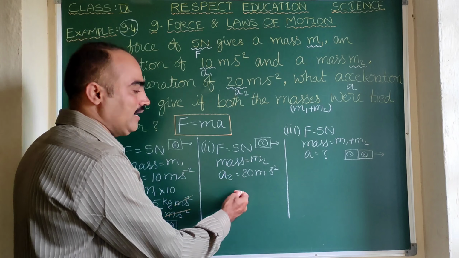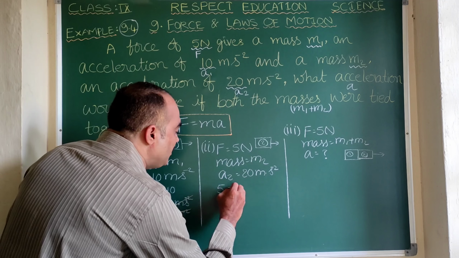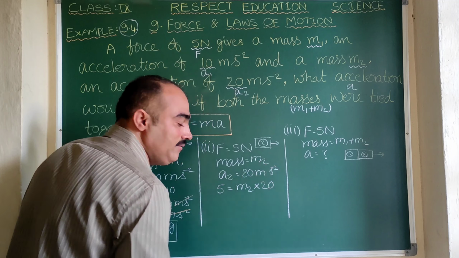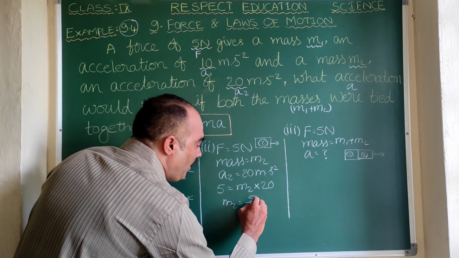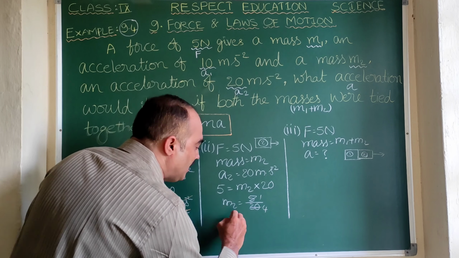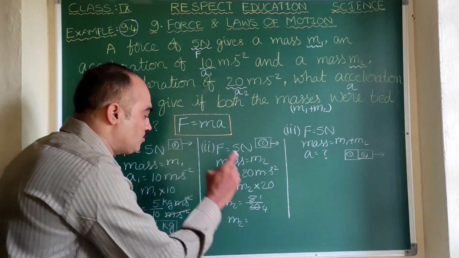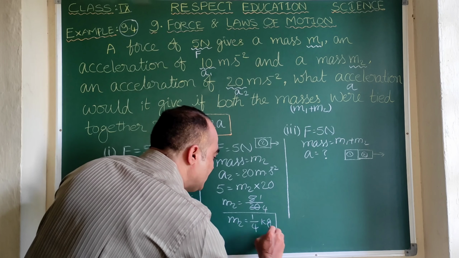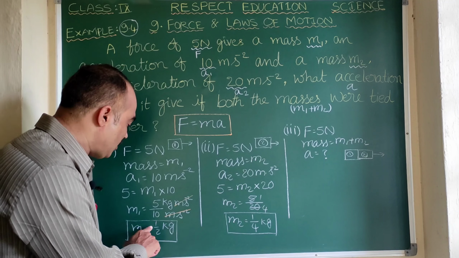Similarly, let us find the mass of the second object. Same way, F is equal to m into a, so 5 is equal to m2 into 20. Let us send 20 to this side. So m2 will be 5 by 20. 5 1s are 5, 5 4s are 20. So m2 is 1 by 4 kg. So the mass of the second object is 1 by 4 kg. The first object is half kg.